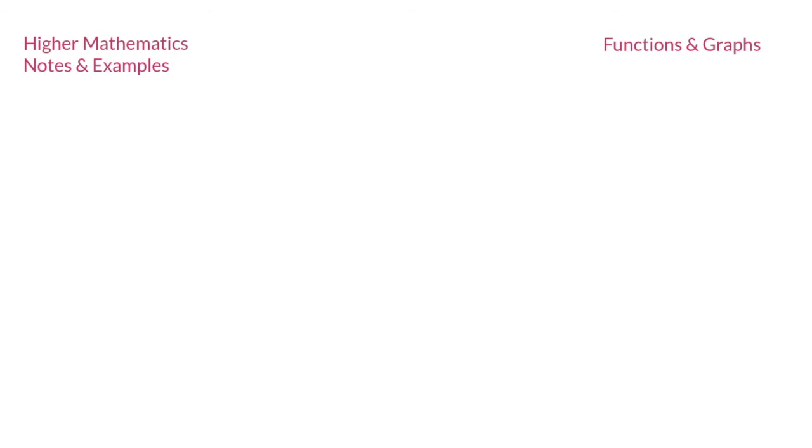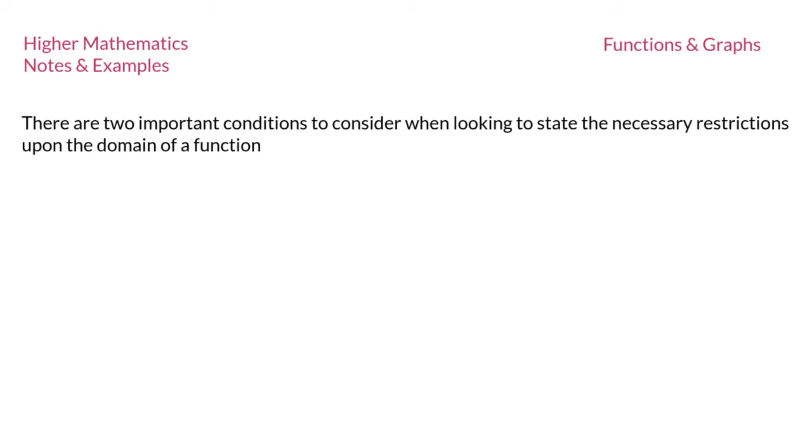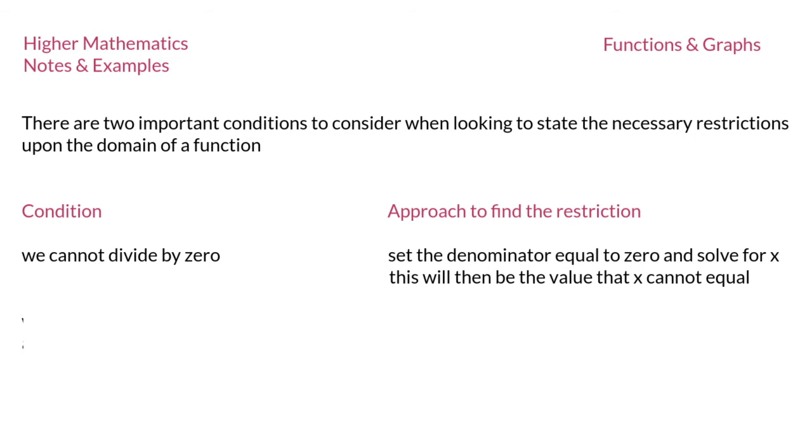So those examples covered two important conditions that we need to consider in this course. We'll look at those one at a time, the condition and how we find the restriction. The first idea was that we cannot divide by 0. To solve these kind of problems, we set the denominator equal to 0, solve for x, and that will be the value that x cannot equal.